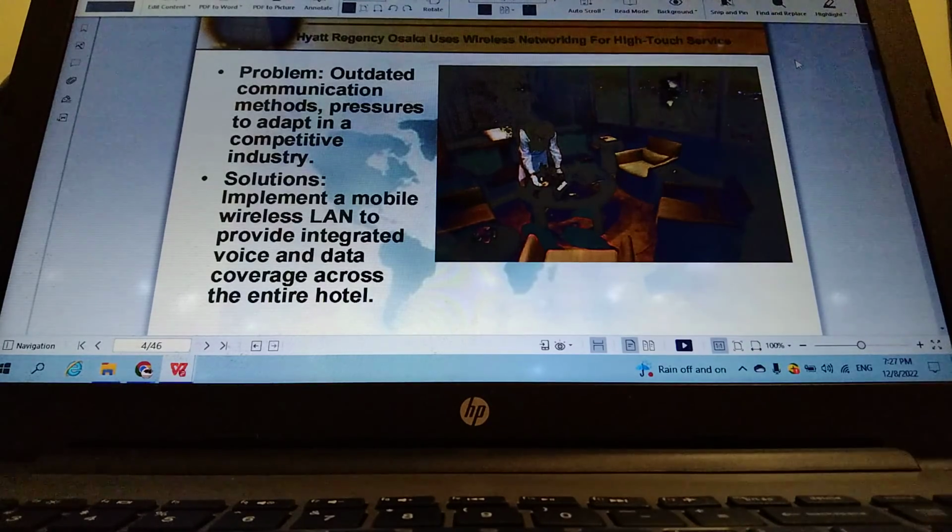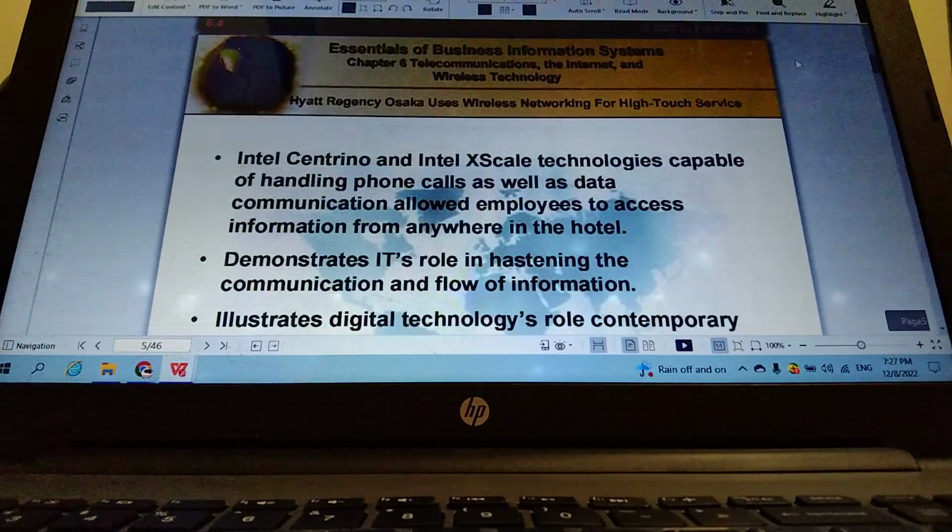So that is their idea, that is their goal, to provide integrated voice and data coverage across the entire hotel. So it could be for the staff and also could be for the guests, for everyone.